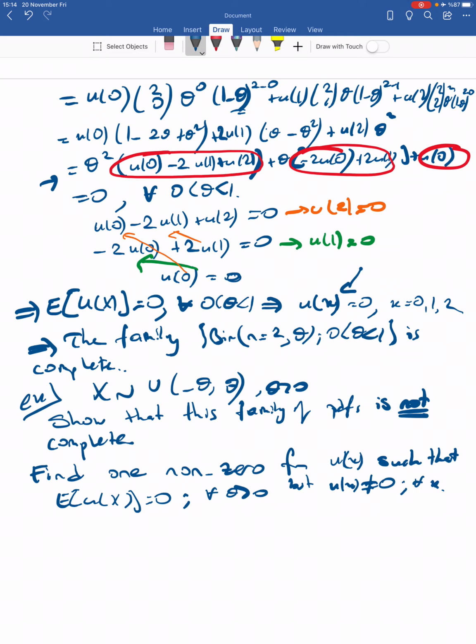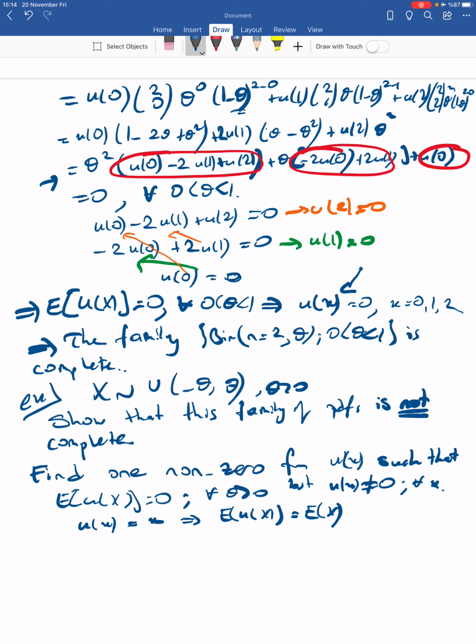So we have to find such a thing. The starting point for such cases is to just consider the expected x. Choose a very simple one: choose u(x) as x, and see what the expected value of x is.